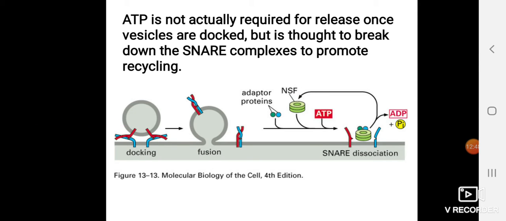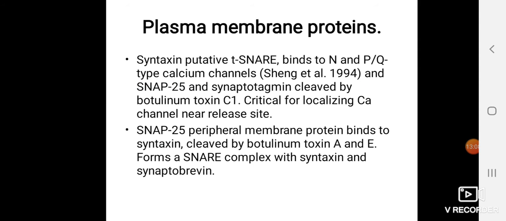This is how the ATP driven SNAP protein molecules play a role in the formation of the fusion. These SNARE complexes are wound around each other, and the SNARE complex is relieved by the activity of the NSF proteins.